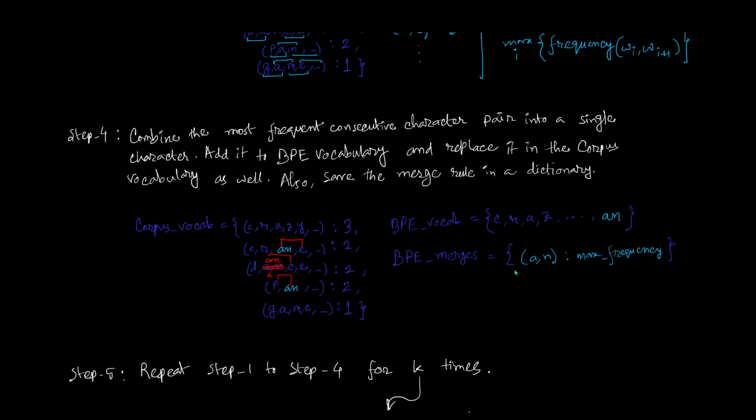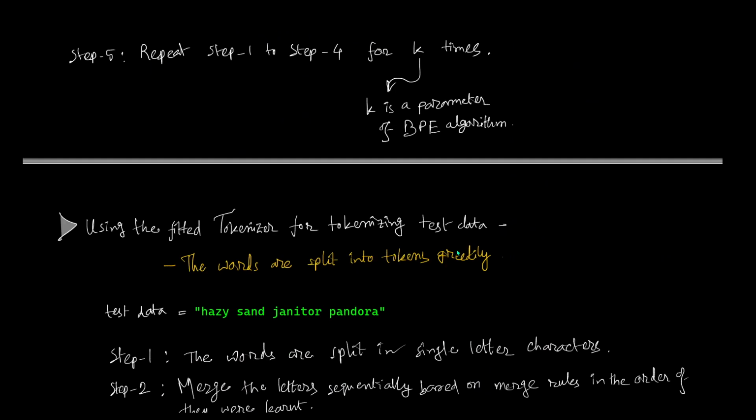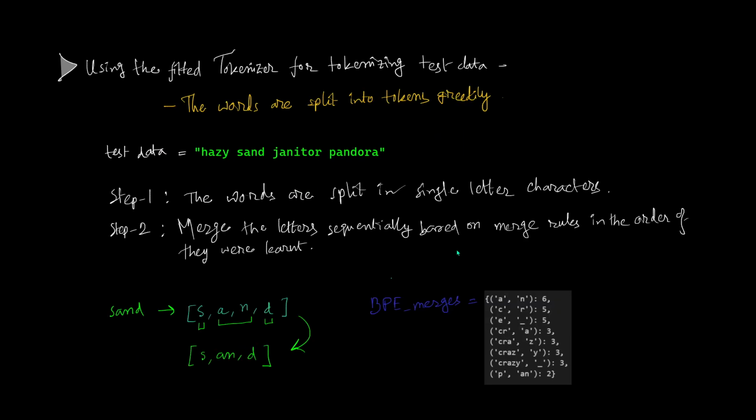Now the BPE algorithm tells us that when you are using this vocabulary to tokenize another set of data, mainly your training set, you need to follow the order in which you have learned these pairs. What I mean by that, let's see with another example.